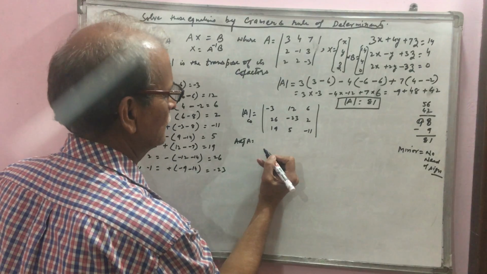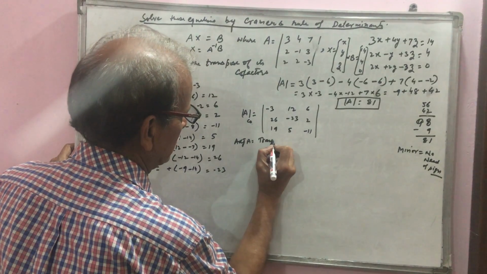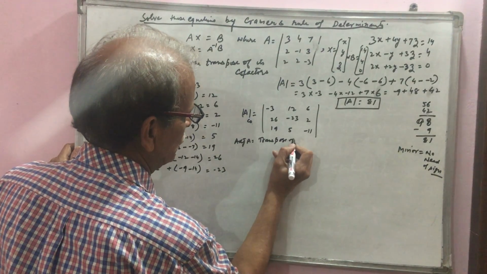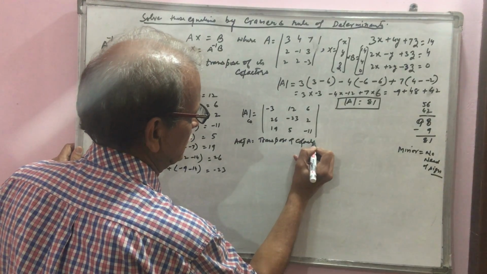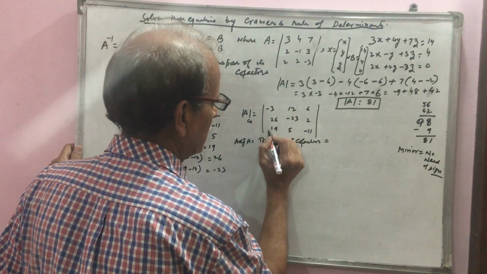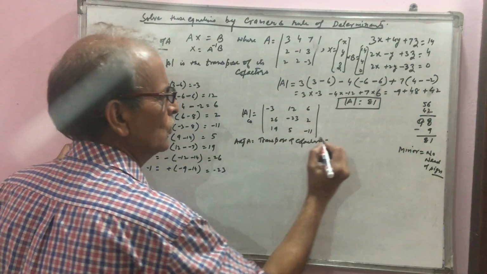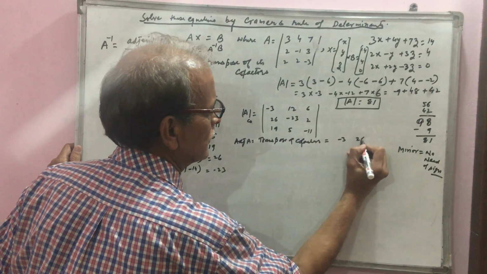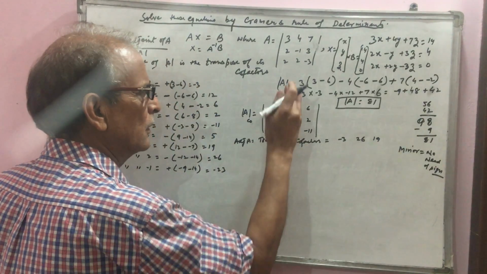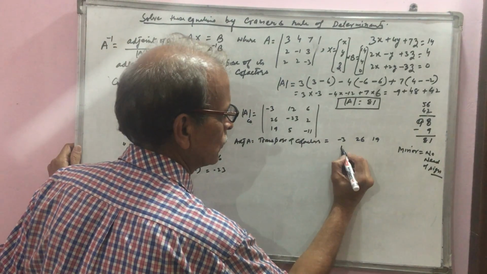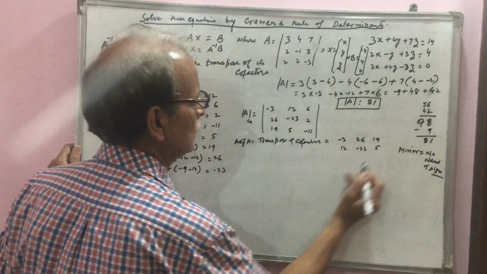So what is the adjoint of A? Adjoint of A is the transpose of cofactors. Write this column in a row: minus 3, 26, 19. Write this column in a row: 12, minus 23, 5.